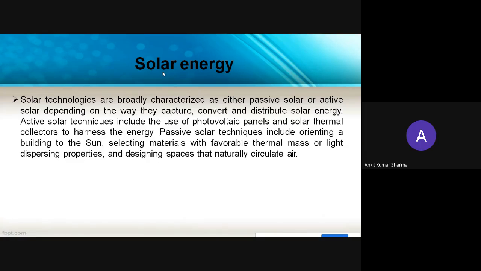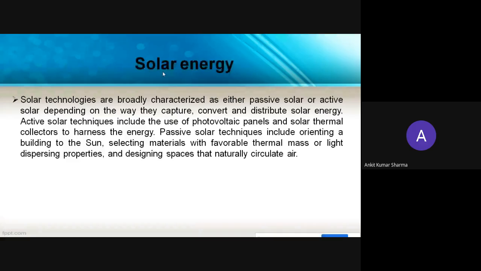Solar technologies are broadly characterized as either passive solar or active solar, depending on the way they capture, convert, and distribute solar energy. So there are two characteristics of solar technology: passive solar and active solar.